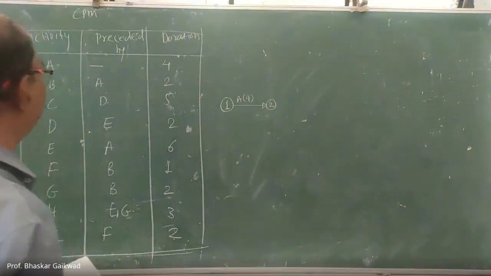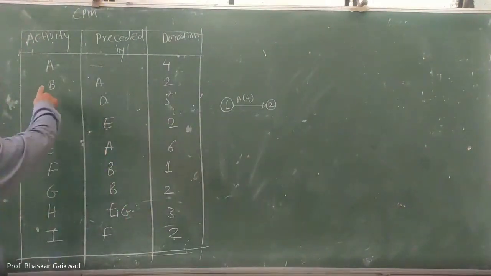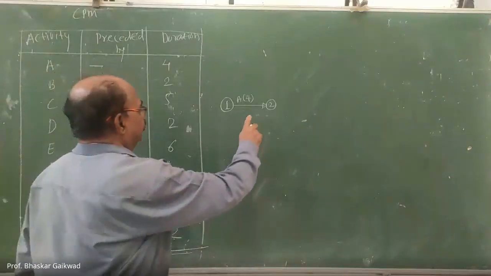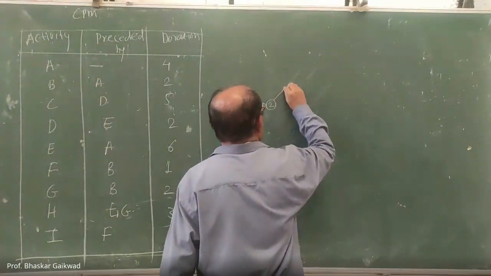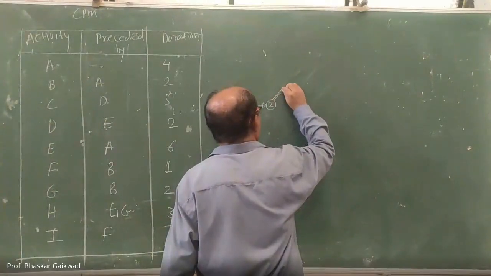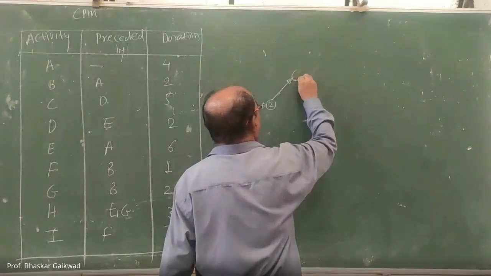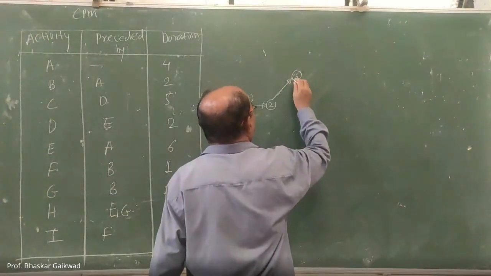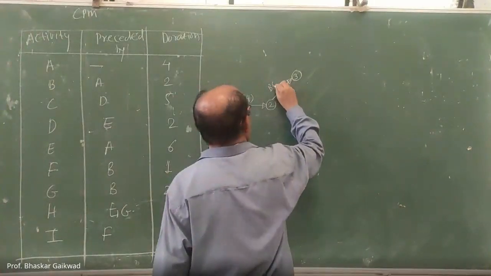After this, B will start from A, so here is the end of A and B will start from here. This is the B, and this is node number 3.